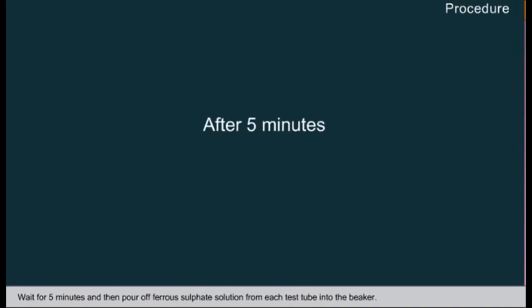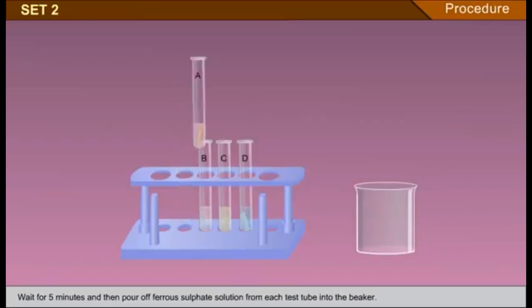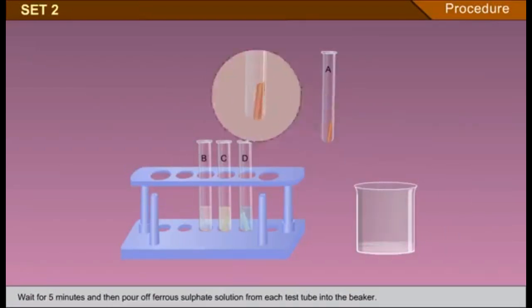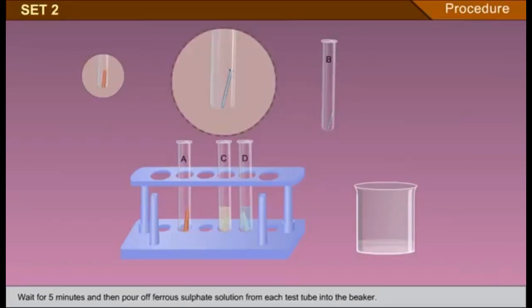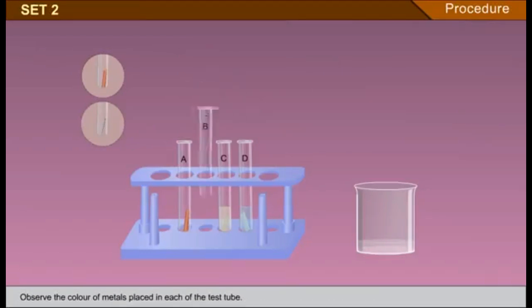Wait for 5 minutes and then pour the ferrous sulfate solution from each test tube into the beaker. Observe the color of metals placed in each of the test tube.